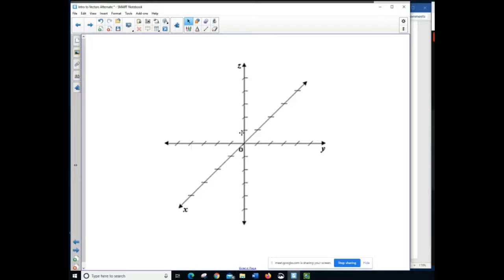So what you have to imagine is that there's a right angle between the z-axis and the y-axis, and that this here represents a right angle between the x-axis and the y-axis. All right.